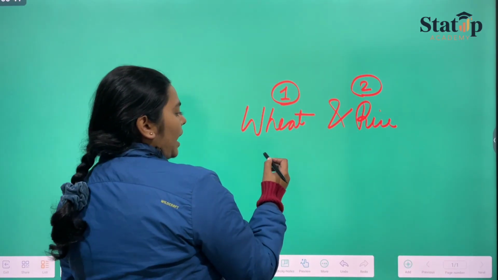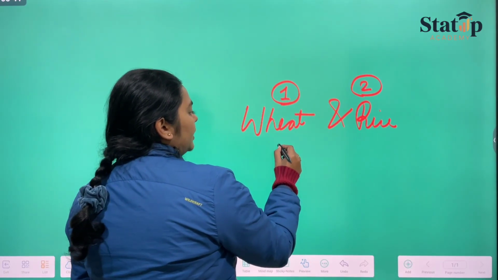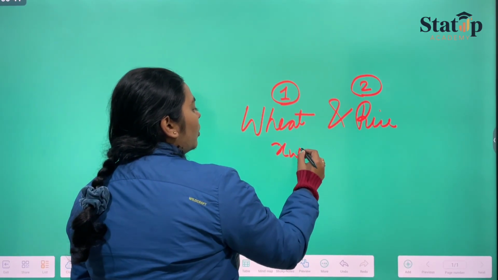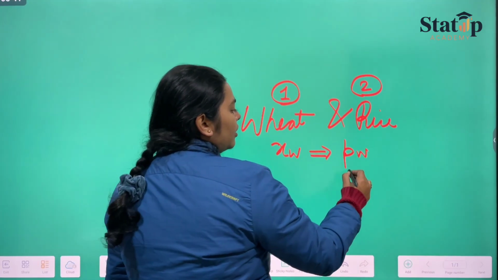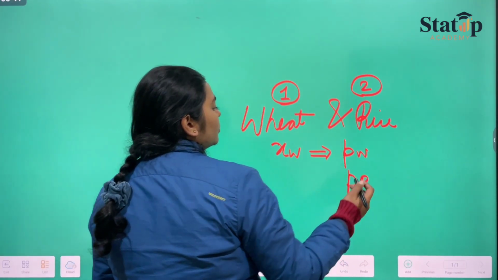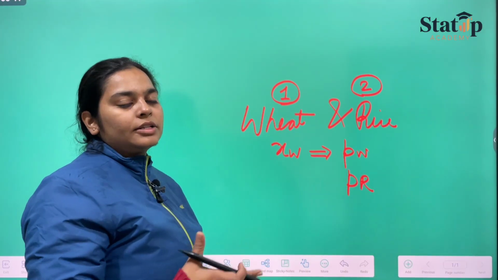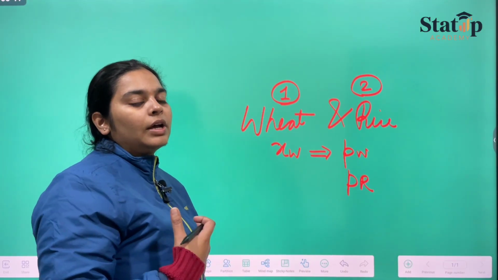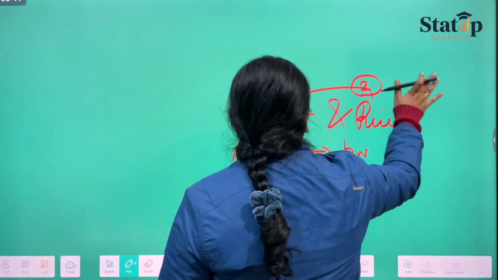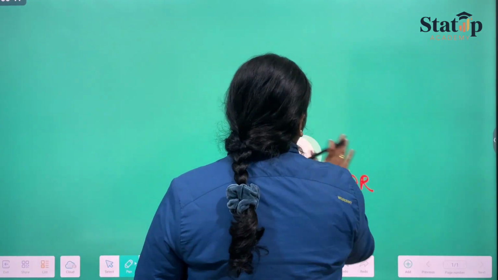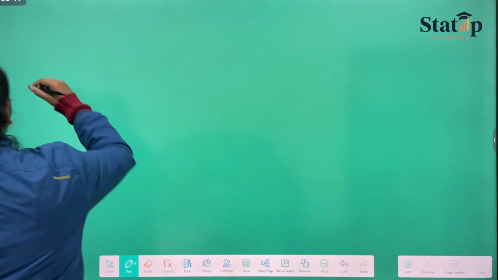The demand of wheat not only depends on the price of wheat, but it will also depend on the price of rice. So substitute products are also affecting the demand. That is why we are calculating cross elasticity of demand. So this is our topic for today: cross elasticity and partial elasticity of demand.